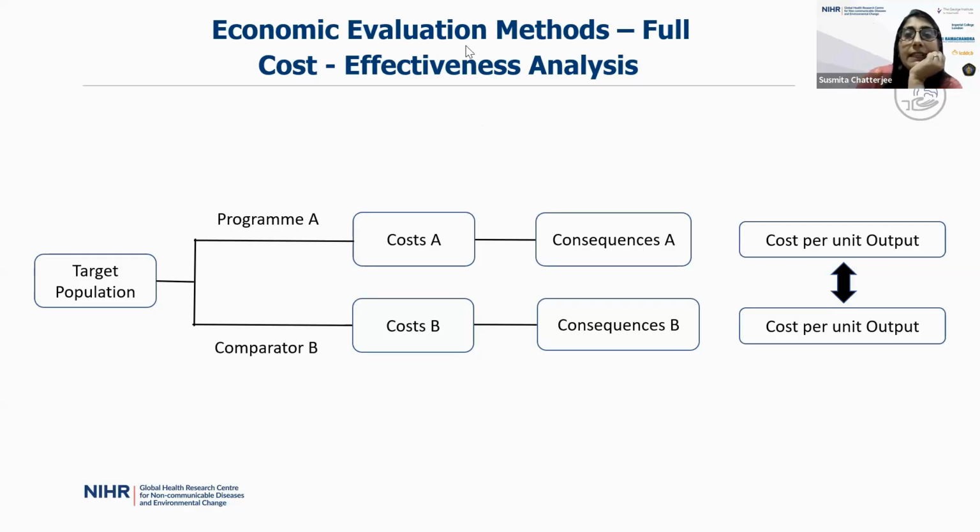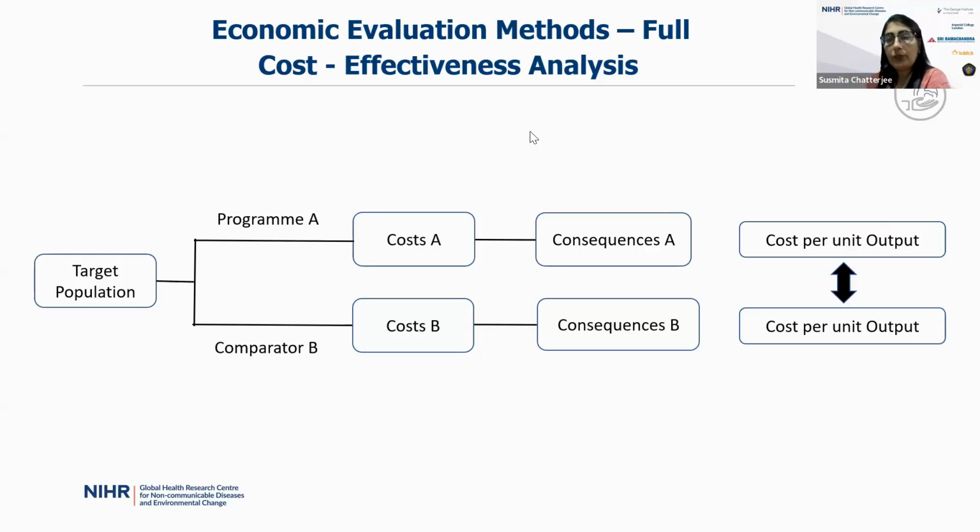I would not say that the cases prevented was the objective of the vaccination. So basically, you have to identify your output in such a way so that you know that this is exactly the objective of your program. If you are looking for some other outputs, that will not give you the right thing.